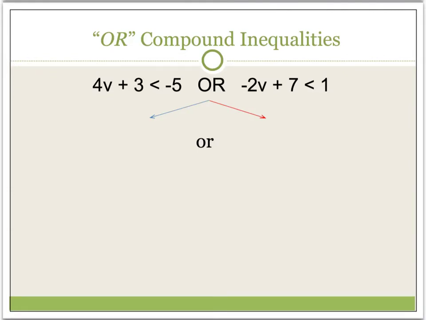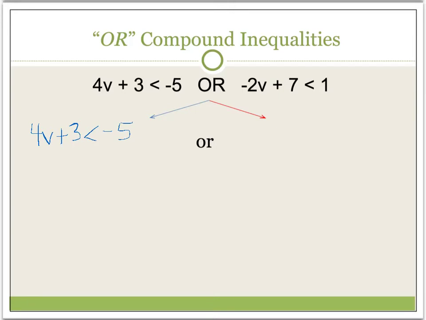In this compound inequality, we notice that it is two inequalities joined together by the word OR. We don't really have to rewrite each inequality as we did with the AND compound inequalities, but it helps to have them rewritten so that we can begin solving them. The first inequality is 4v plus 3 is less than negative 5.